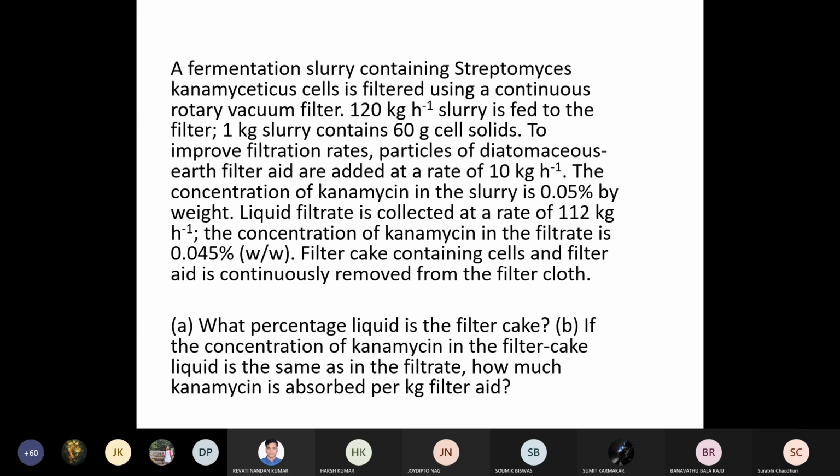Now, how much kanamycin is absorbed per kg filter aid? That we have to calculate.